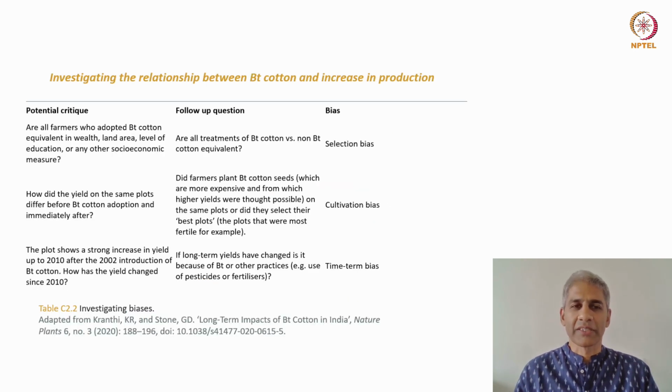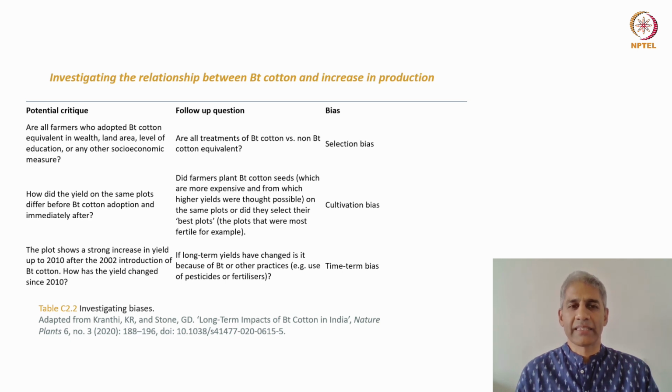What the authors of this study highlighted was that in order to tease out this relationship between the increase in cotton yield and the increase in the area under Bt cultivation, we had to look at certain biases. They highlighted three different kinds of biases. There's a selection bias. Who are the farmers who can afford to grow Bt? Are these wealthy farmers?